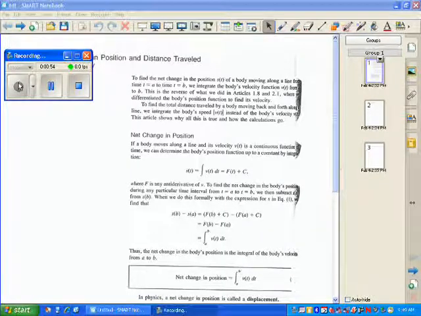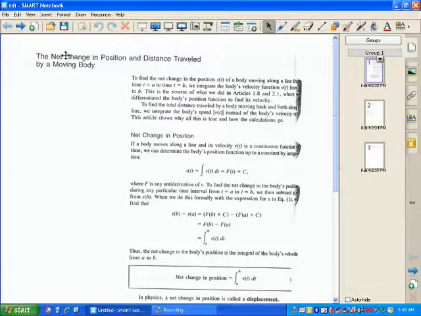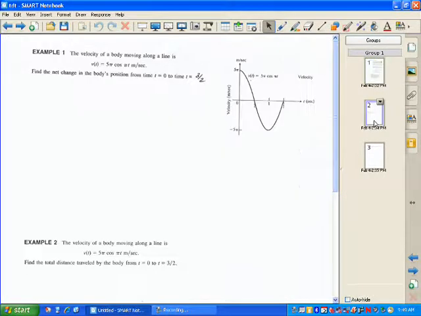There. Okay, let's get that out of the way. We're going to go right to the next page, I hope.